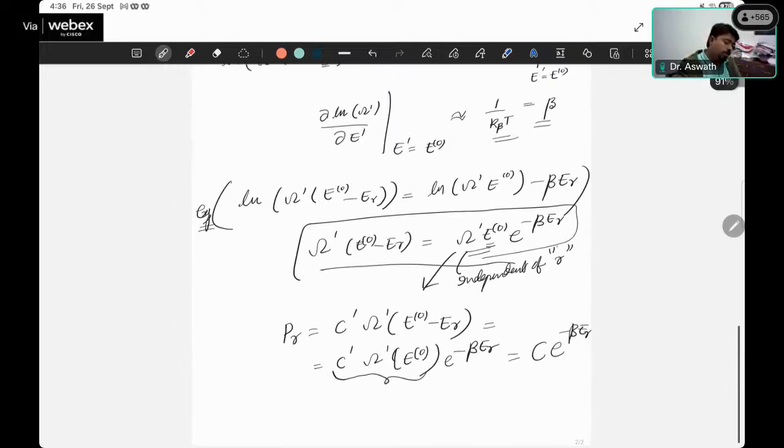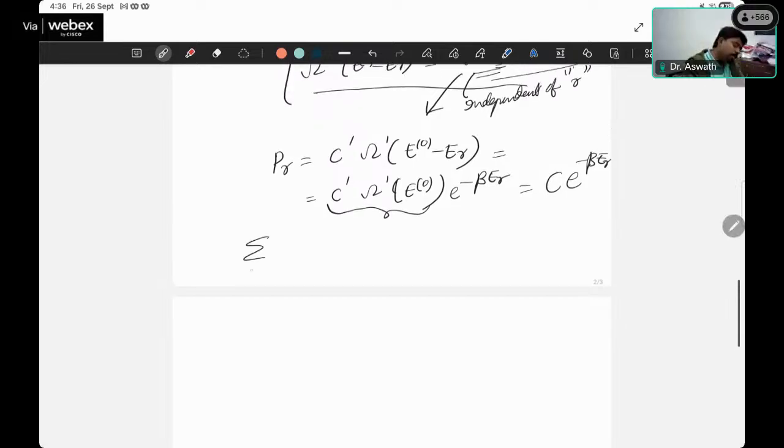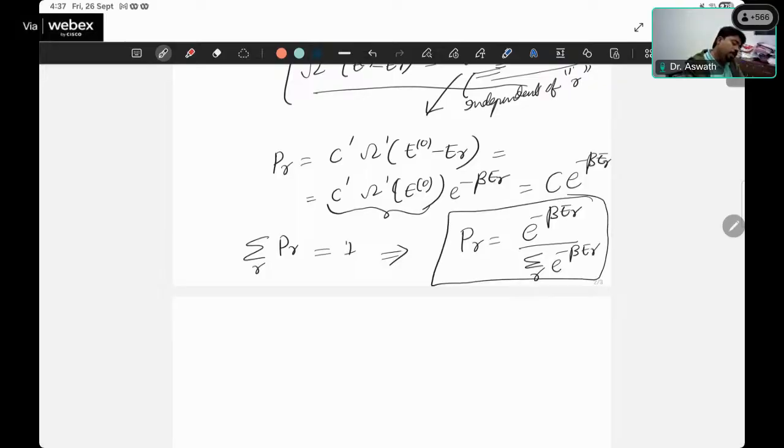By the way, I don't know what C is. To find C, I'll use the condition that the sum of the P_r is equal to 1, which implies the overall probability P_r is equal to exponential of minus beta E_r divided by the summation over r of exponential of minus beta E_r. So this is the probability with which any given system can exist, obtained from the accessible states.